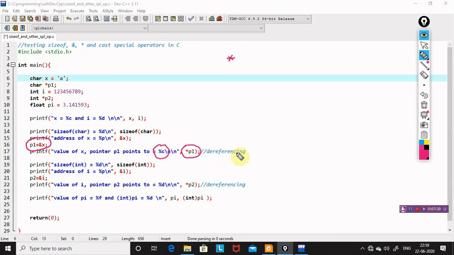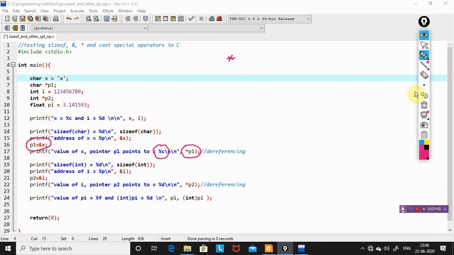This is called dereferencing. We could have easily printed the value of x over here. Instead of writing star P1, we could have written x, and that would have given us the same value. But here we are referencing x in a roundabout way through the use of the pointer P1, which has the address of x.